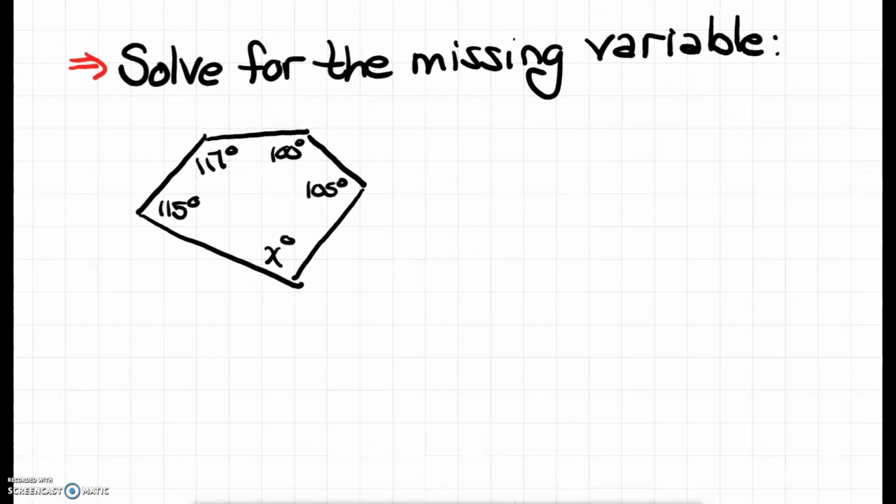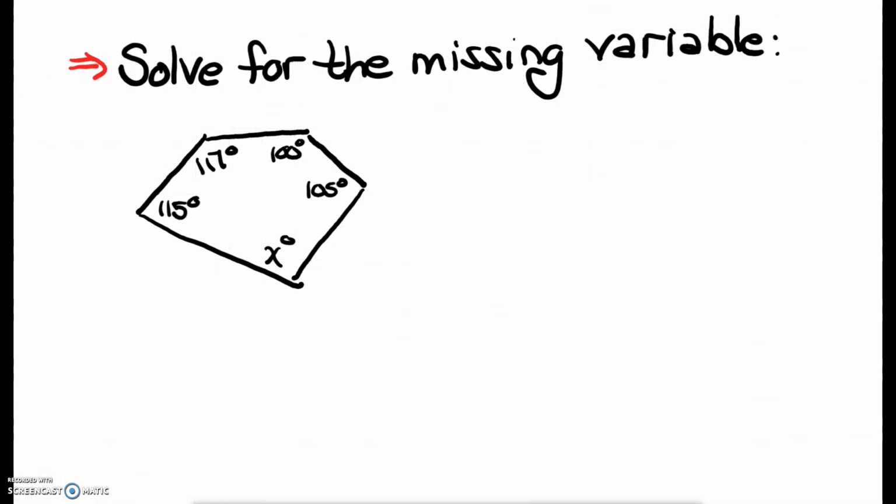Let's go ahead and work a problem like this where we're solving for a missing variable. Well, the first thing we need to know is what all of the angles on the inside add up to. If I know that, then I can solve for my variable. Well, this is a pentagon. A pentagon has 5 sides. And since we're using the sum of the interior angle formula, we do not need a regular polygon, because this is not a regular polygon.